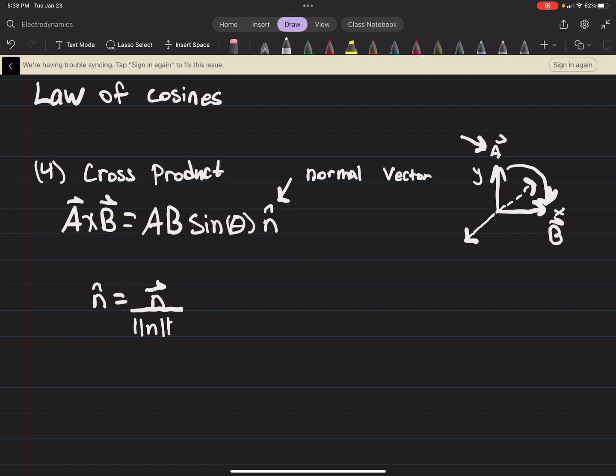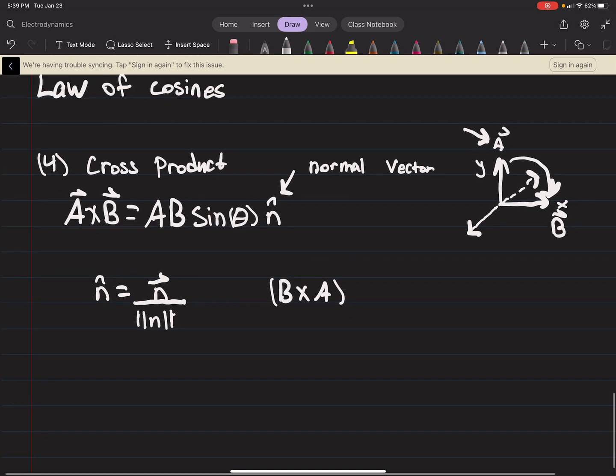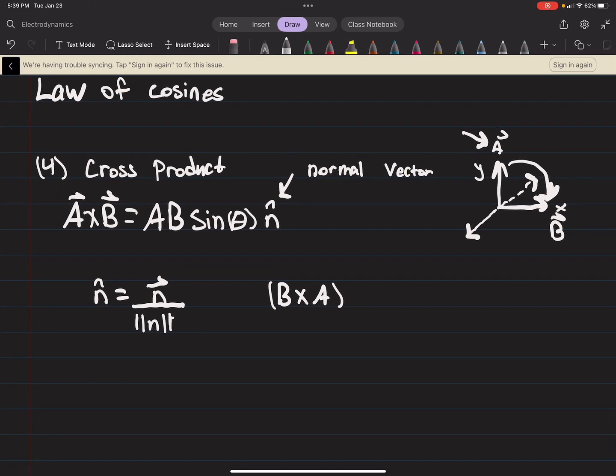Now, you might notice that if we did it backwards, if you do B cross A, well, now it's going the other way. Now it's coming out of the tablet or out of your phone or whatever it is. And that's because the cross product is not commutative. In fact, it's anti-commutative. So the vector B cross A is equal to negative vector A cross B. Okay.